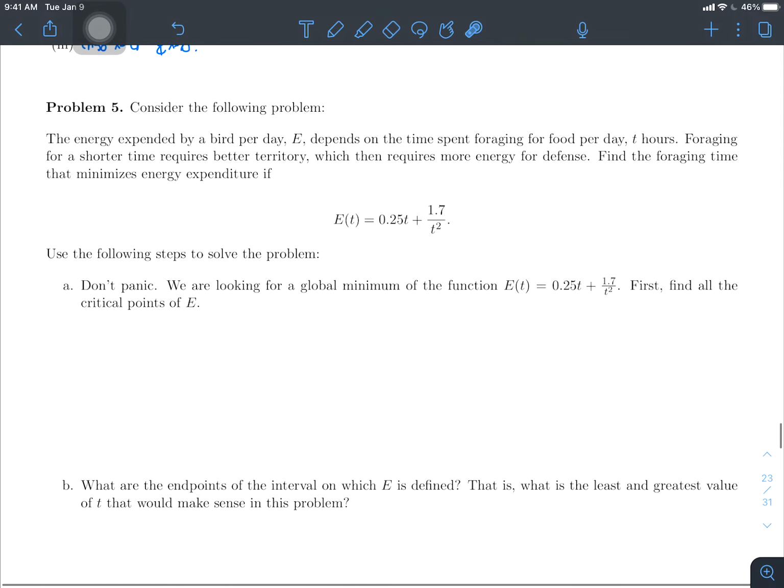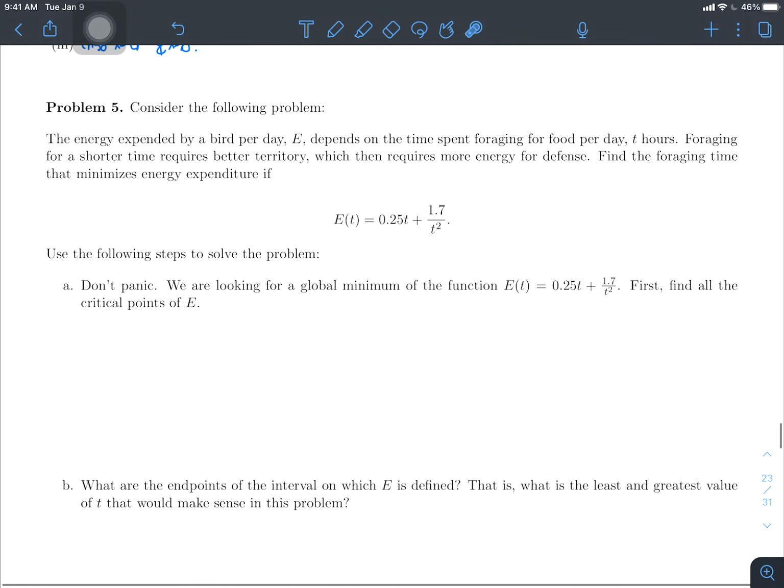So we take 13.6 to the 1/3 power, and we get 2.39, roughly. Why don't I say 2.387. Okay, so 2.387 is my only critical point.